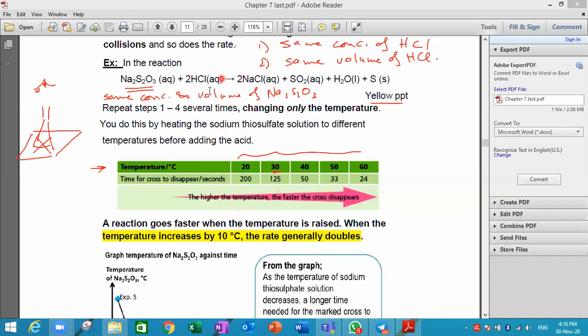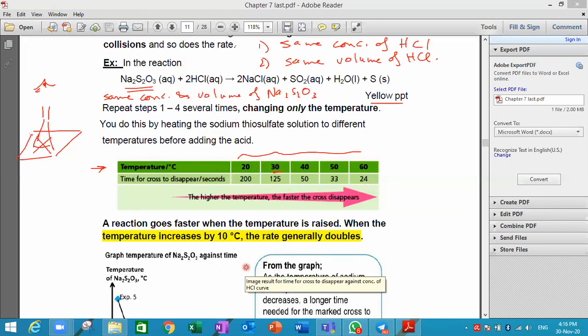If we heat HCl to 40 degrees Celsius in a third experiment and then measure the time needed for the cross to disappear, it was 50, and so on. We will find that the higher the temperature, the less time it will take for the cross to disappear, and this means that the rate increases.